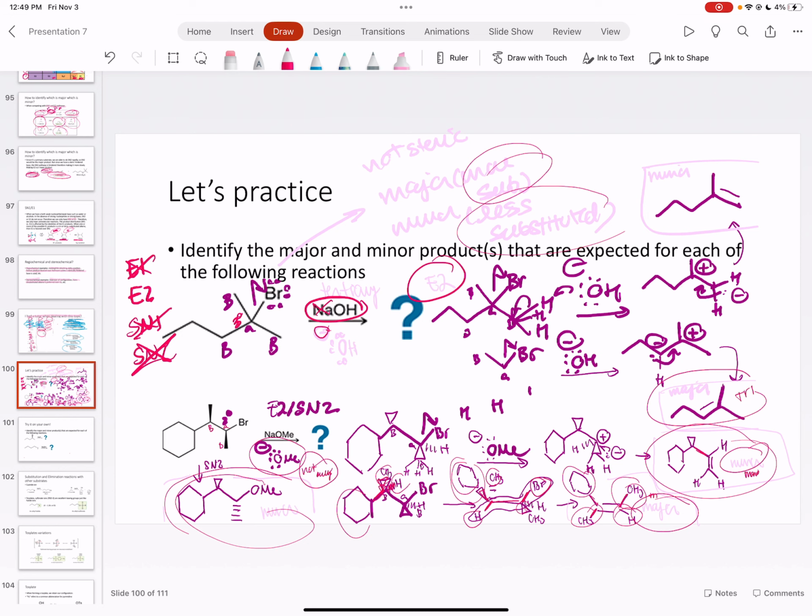We can start looking at our alpha and then our beta positions. So then this beta and this beta, they are the same, so we will get the same product. So then we have one product. And if we analyze this one, it will be different. So then we have two products.